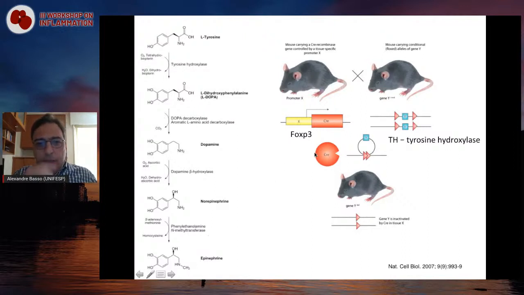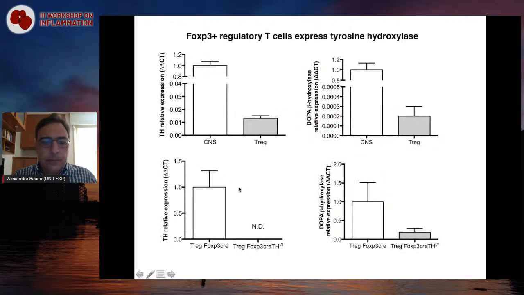So here we decided to use FOXP3 YFP mice bred with TH floxed mice, so that now we have only the FOXP3 expressing cells missing TH expression. And here we can see that indeed FOXP3 regulatory T cells express tyrosine hydroxylase.